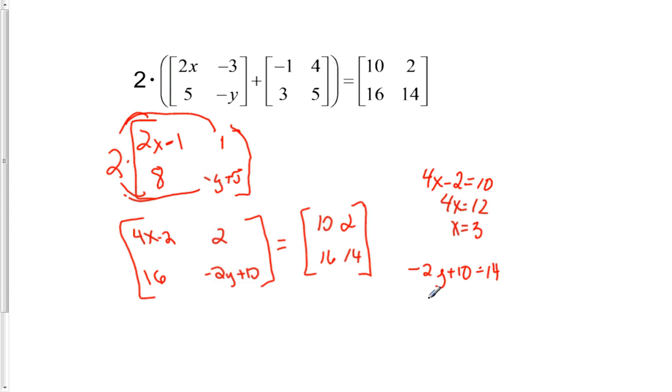Subtracting 10 on both sides, negative 2y equals 4, and y equals negative 2. So we were supposed to solve for an unknown piece, and we just did. X equals 3, and y equals negative 2. There you have simple, basic operations for matrices with addition and scalar multiplication.